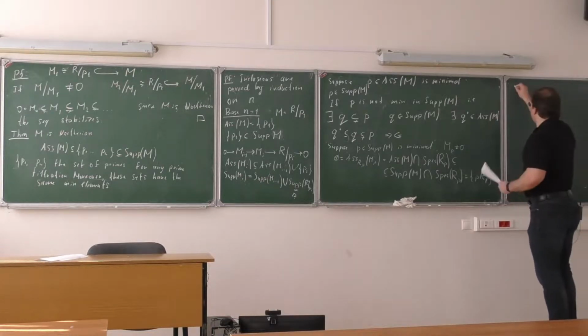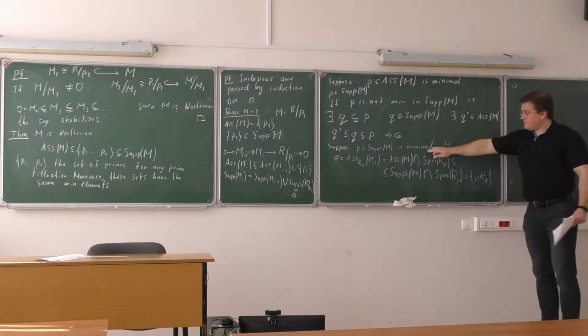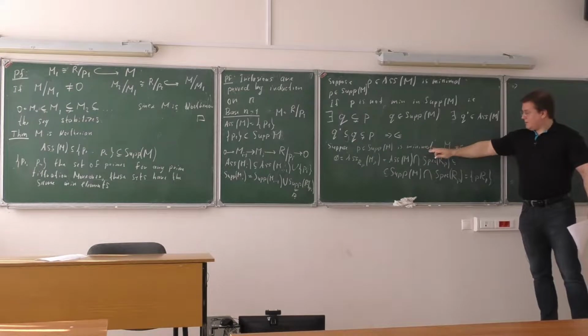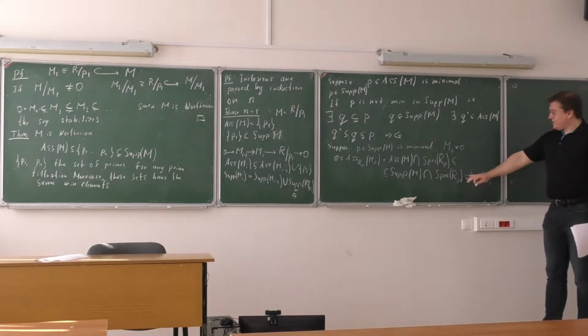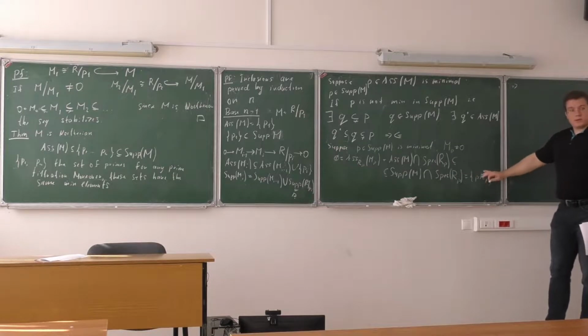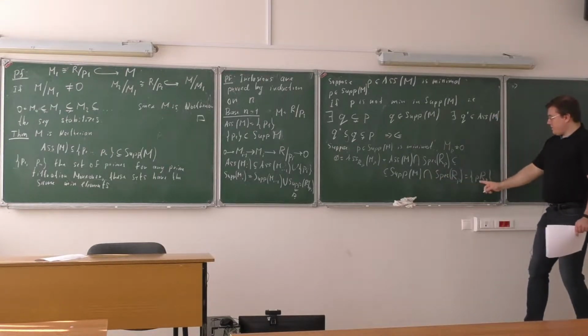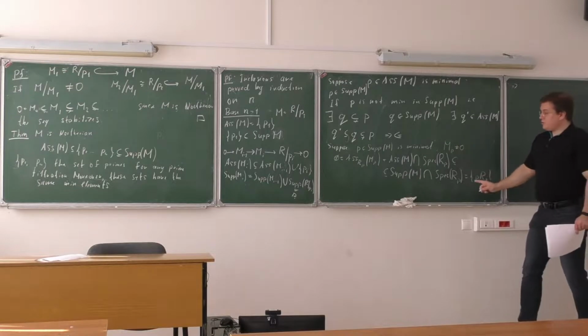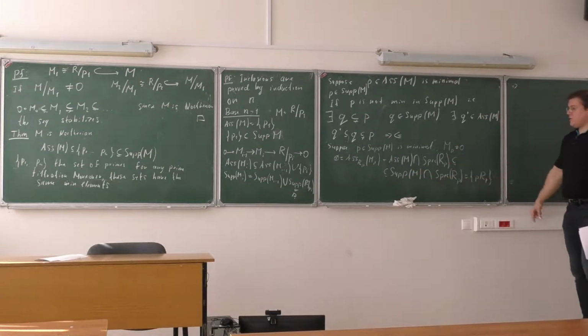Well, since this is minimal, we know the structure of all prime ideals here. These are prime ideals contained in this prime ideal, which is a maximal ideal. If you have something else, Q R_P, then this Q is also in the support, and this Q is contained in the P. So this set has only one element.